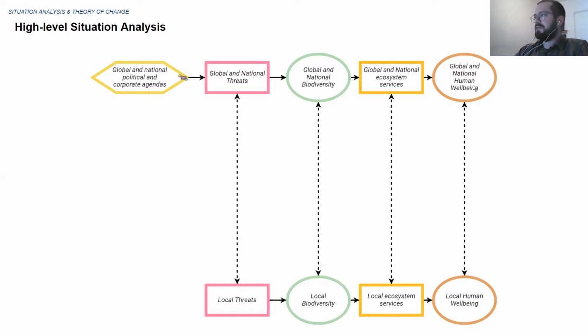The question that we were asking through this learning initiative is, what are the barriers and opportunities for organizations working below this level to be able to influence or leverage the agendas when they're working, for example, on projects addressing local threats, local biodiversity, ecosystem services, or human well-being?